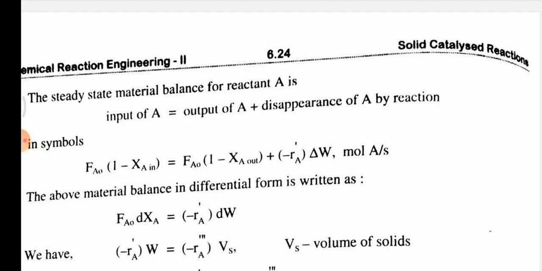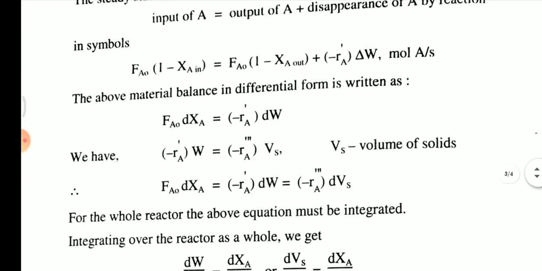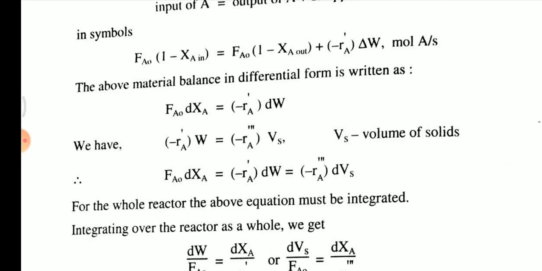Okay, so the above material balance in differential form is written as Fa0 into dXa equal to minus Ra dash into dW. From the above material balance, simply, Fa0 is multiplied in the bracket, so the remaining term is Fa0 into dXa.